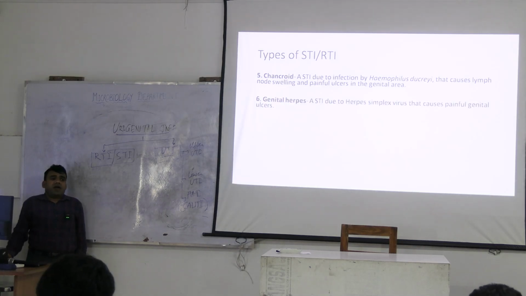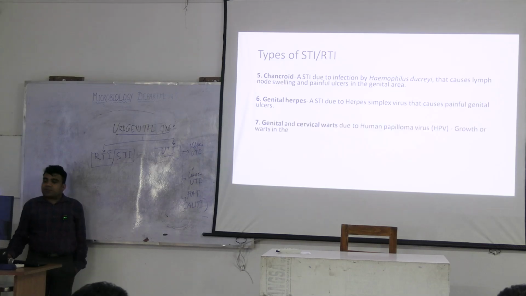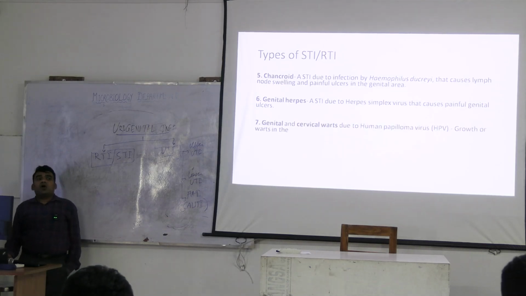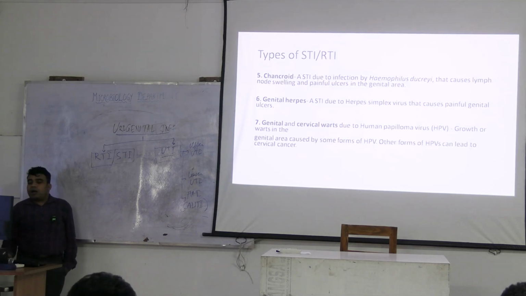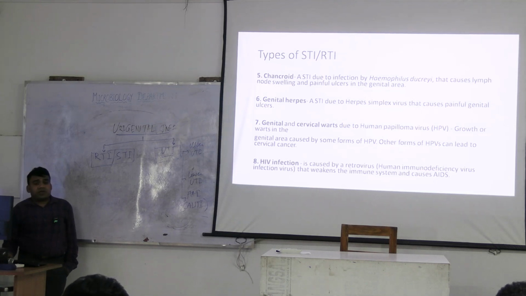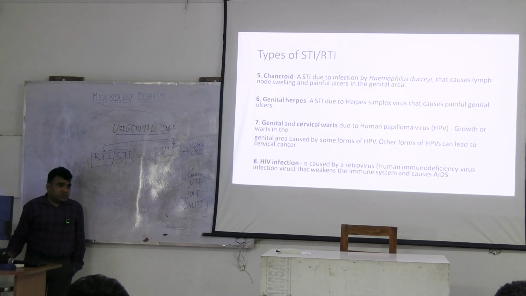Next, we can find herpes infection, most commonly genital herpes. Then another viral agent, that is called warts. These warts are very commonly caused by human papilloma viruses. Last but not the least, but very important, is the HIV infection.